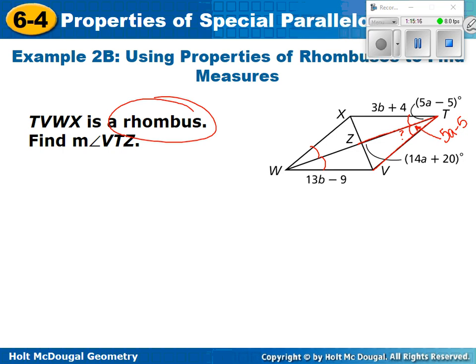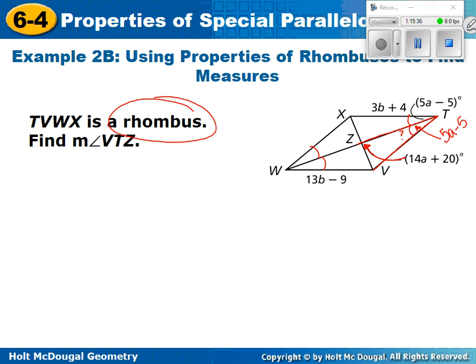But that is true. We do know that these two angles and these two angles, because these in a parallelogram are consecutive angles, would be supplementary. But this is pointed to this angle right here. What do we know about that angle right there?